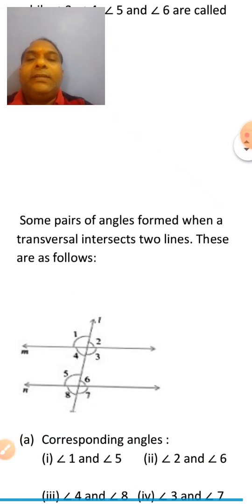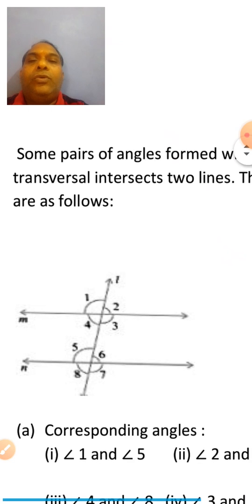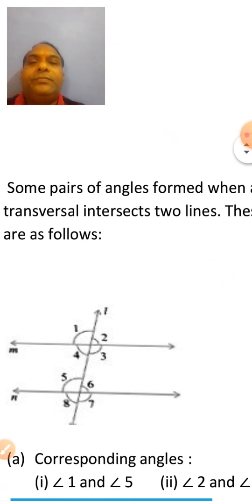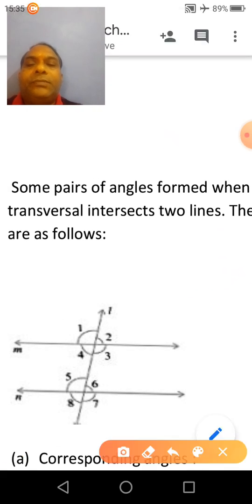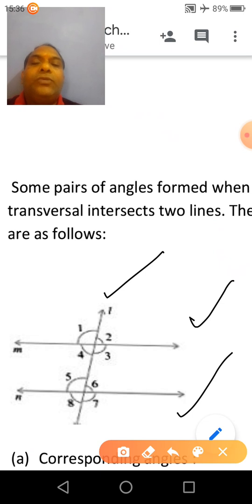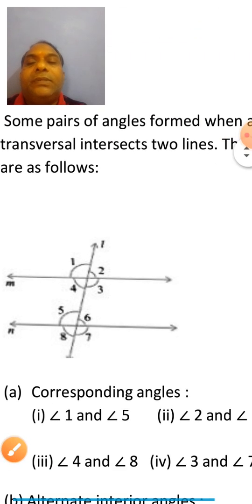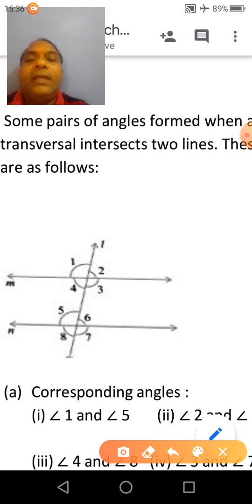Now see here, two parallel lines M and N and a transversal line L intersecting these two lines at different points. Then angle 1 and angle 5 are corresponding angles.